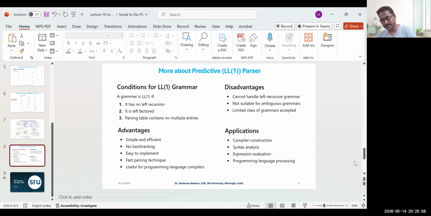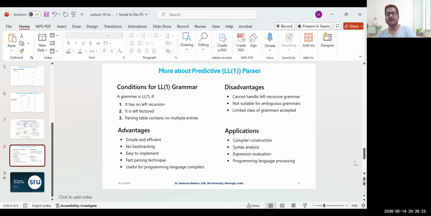We completed here what a compiler is, why it is required, why it is beneficial for CSE and allied branch students, and how it can help them, why the compiler is the backbone of programming languages or the backbone of computer science and engineering.